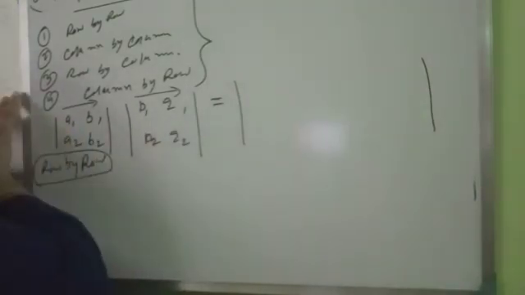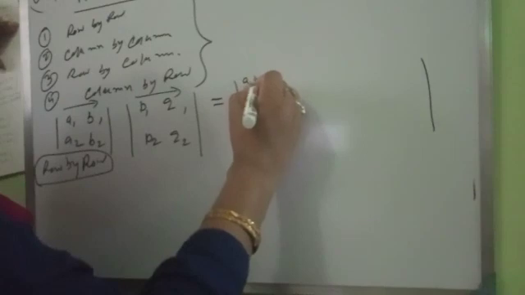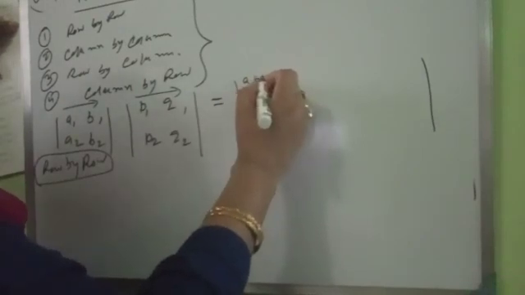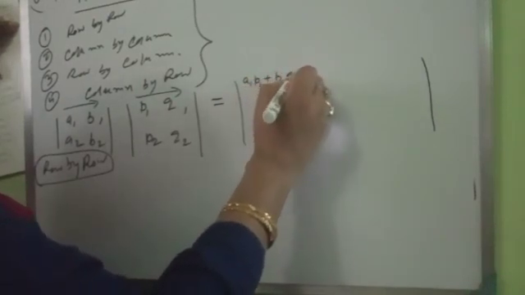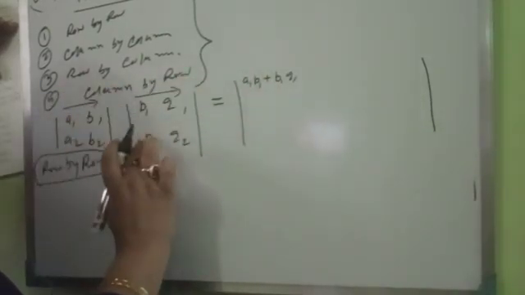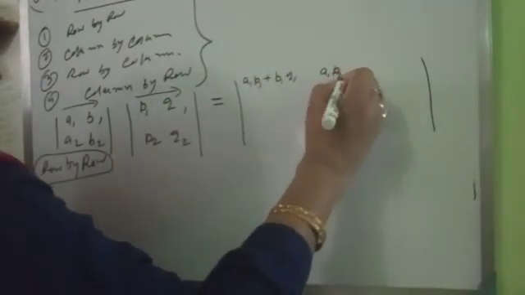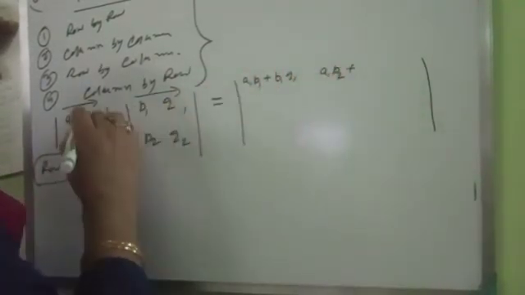What will we write? A1 into P1 plus B1 Q1. Then first row done. Next first row, second row. So A1 P2 plus B1 Q2.